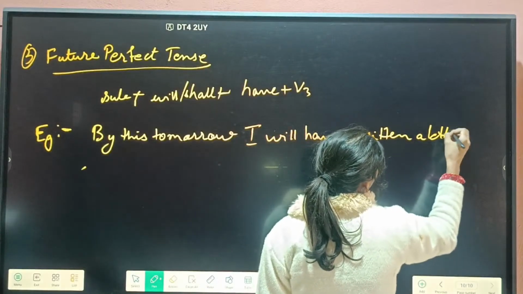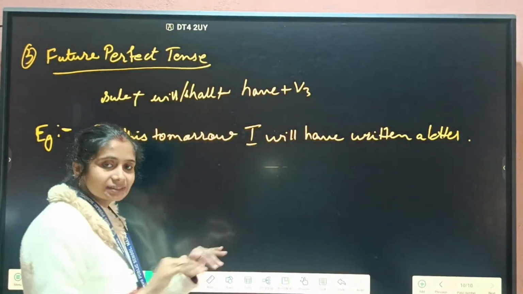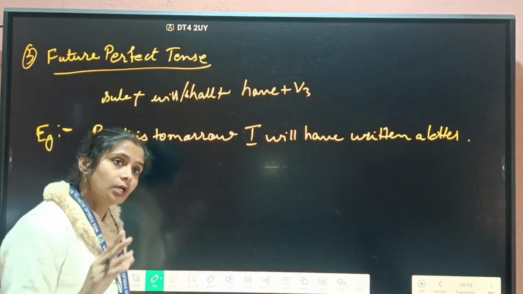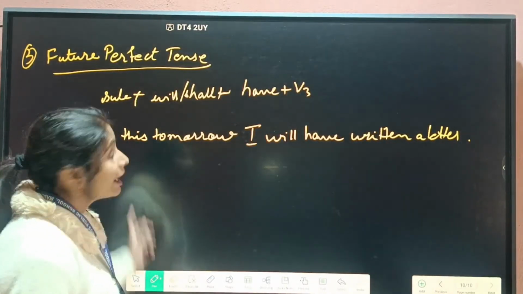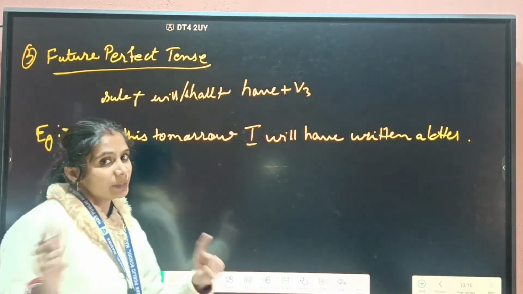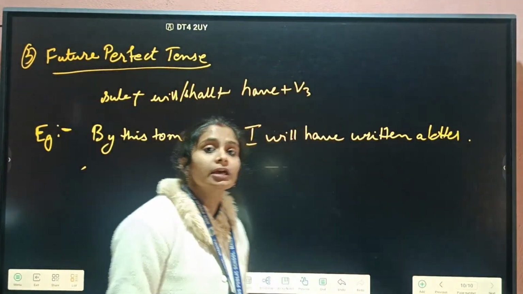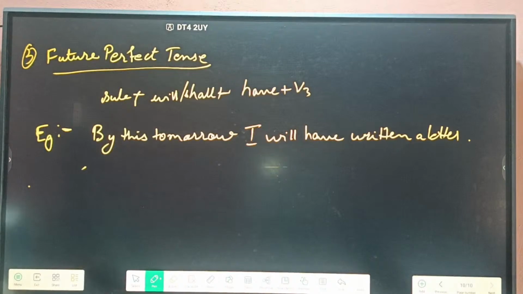This is an example, but you are telling your determination also that by this time tomorrow, this is the time. Okay, and at the same time, for example, now if it is 2 o'clock, so tomorrow at 2 o'clock, you are saying that by tomorrow I will have finished completing this letter. But still, you have not started. In future only you will start, and in future only you will complete. So this is an example of future perfect tense.